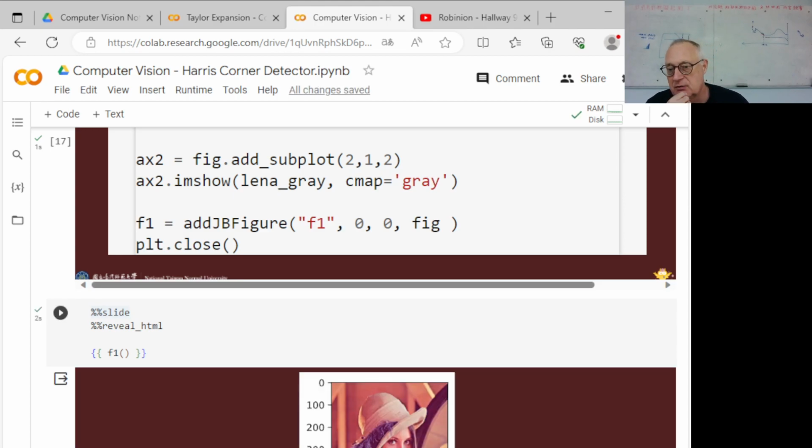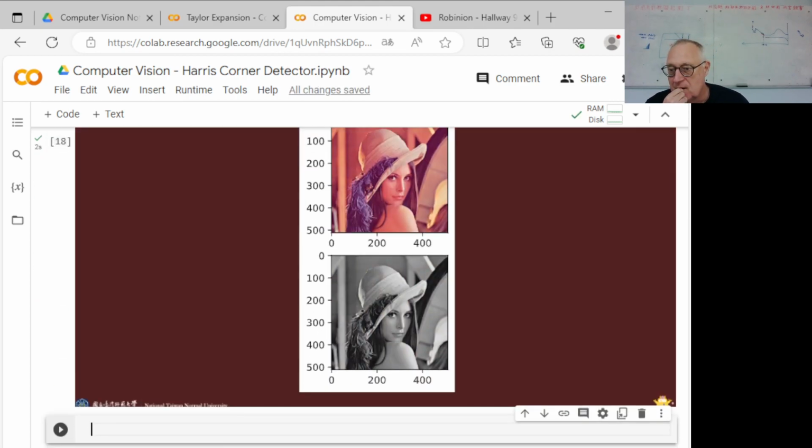So here's our picture, and then we can calculate our Harris corner detector.